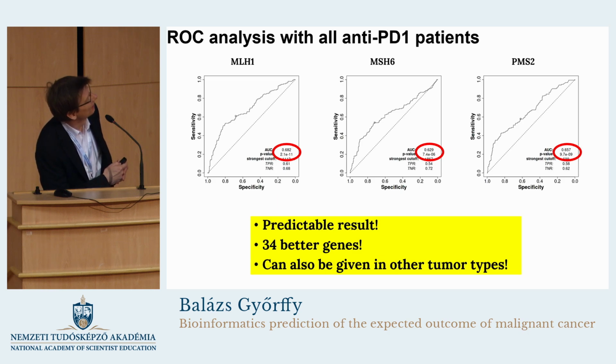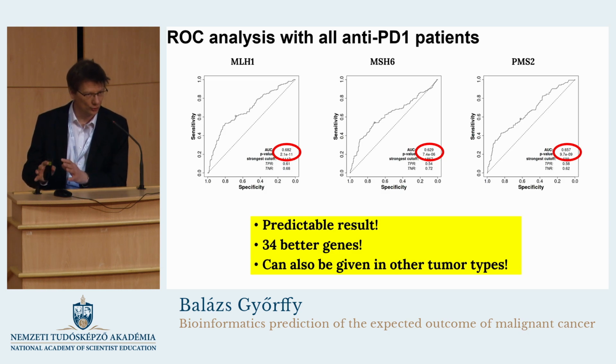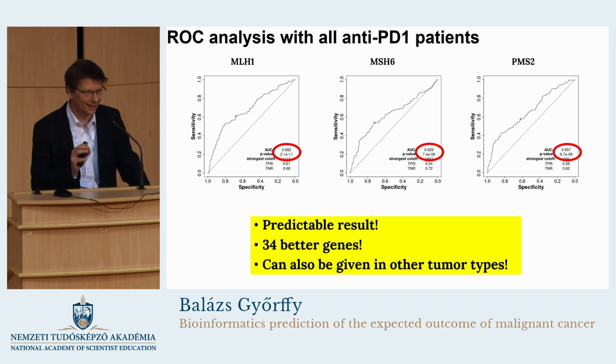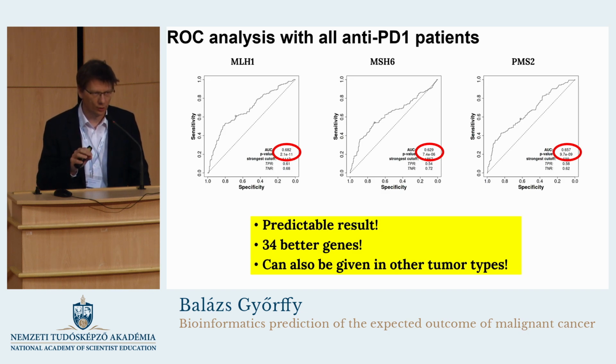And as you see, this is MLH1, MSH6, PMS2. Each of these genes reached a high statistical significance in discriminating those patients who respond to this treatment from those who do not respond. So in other words, using our bioinformatic approach, we were able to predict the result of this study, which was actually successful.